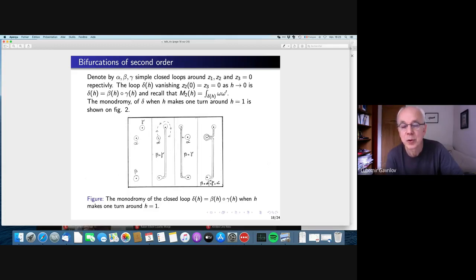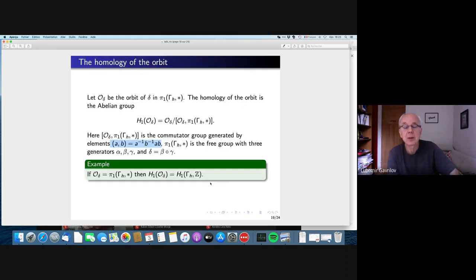So this is the monodromy transformation, but from this point it is not at all clear what the orbit is. Only after computation it turns out that the orbit and the quotient with respect to this commutator subgroup is finitely generated. Curiously enough, it seems that the general case is not this.